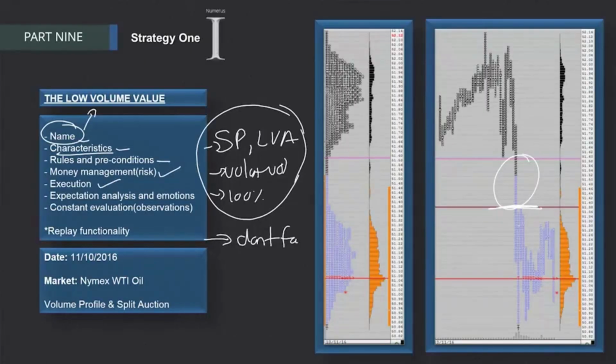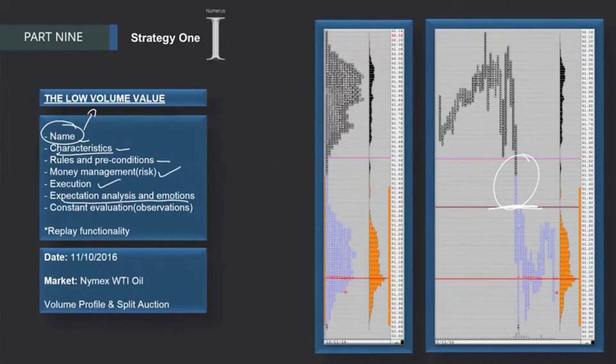Now, just in terms of some of the expectation analysis and emotions, I won't spend too much time on this, as emotional analysis is very important, but I will give you a little bit of an example of something that I would spend time with. In terms of the emotional analysis, for me, by understanding that if I enter too short in this example, maybe somewhere around here, I do have the potential to maybe head offside, or maybe the market goes slightly against me.